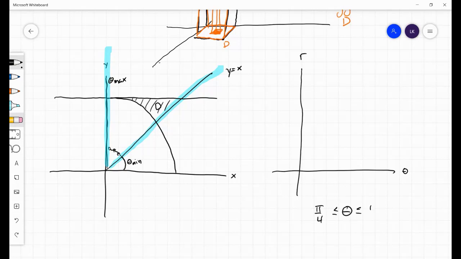Very good. Okay, so now what about r? What are the bounds for r? Well, let's start with the lower bound for r.